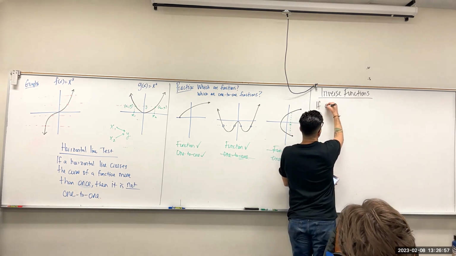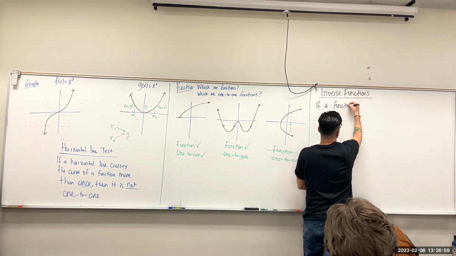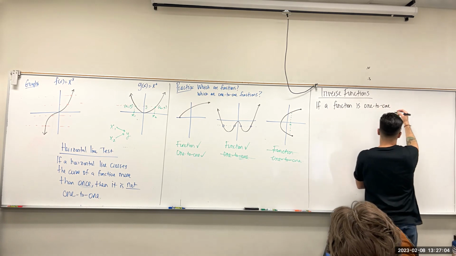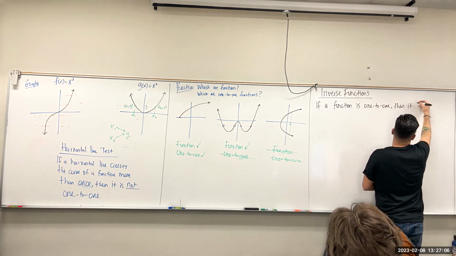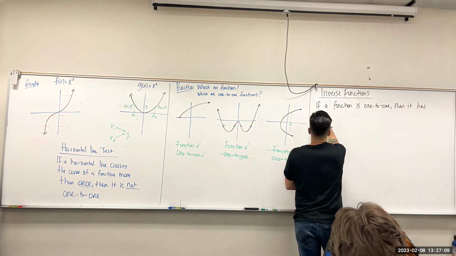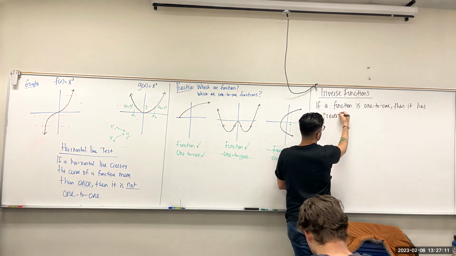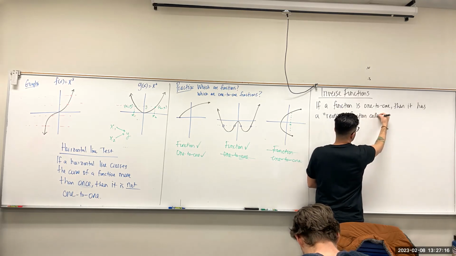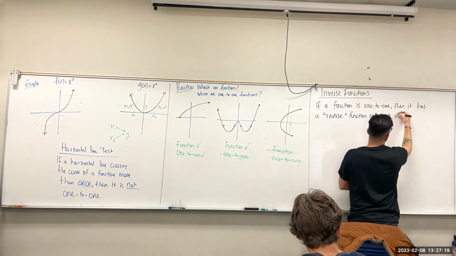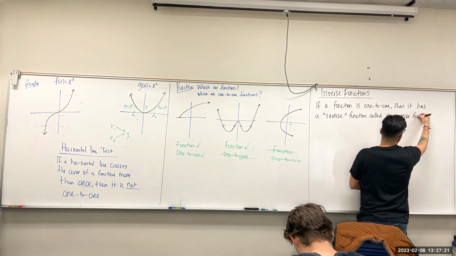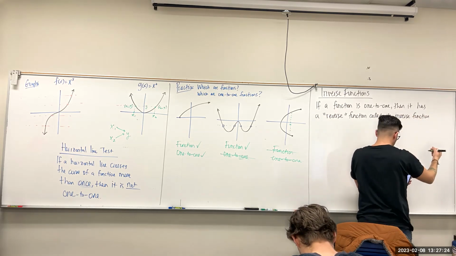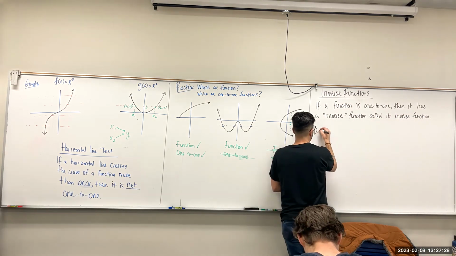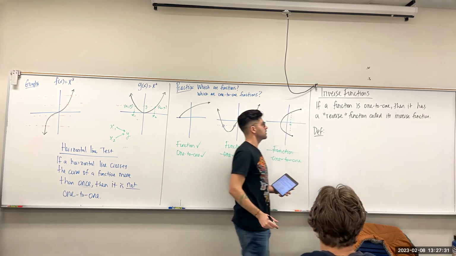So if a function is one-to-one, then it has what I'm calling a reverse function, called its inverse function. But it has a fancy formal definition. So let's go off of that.